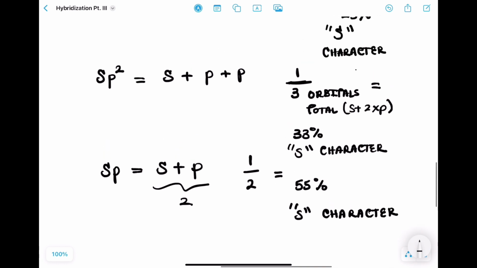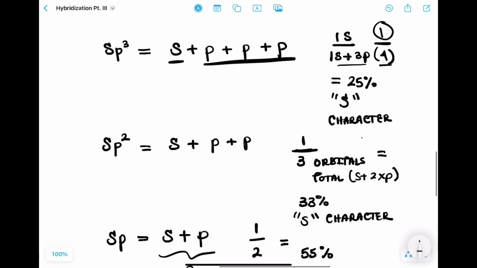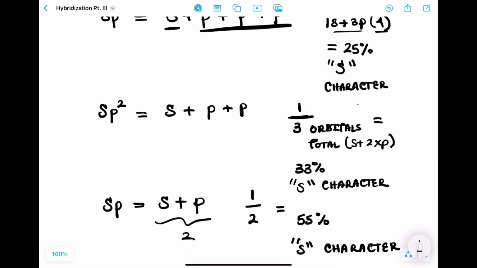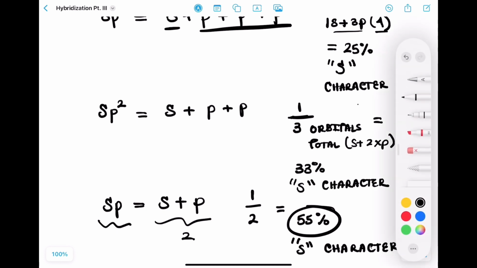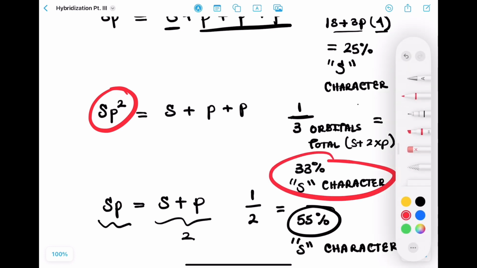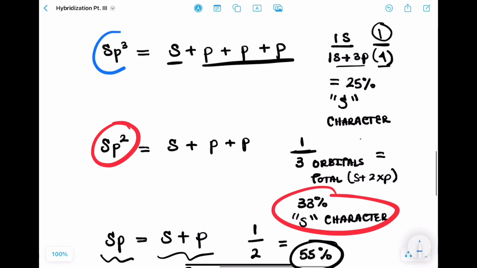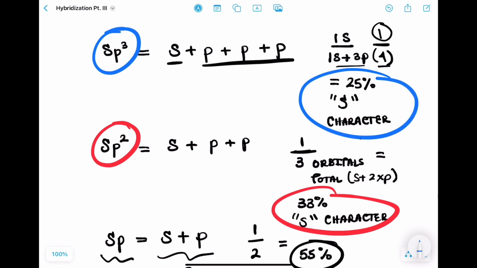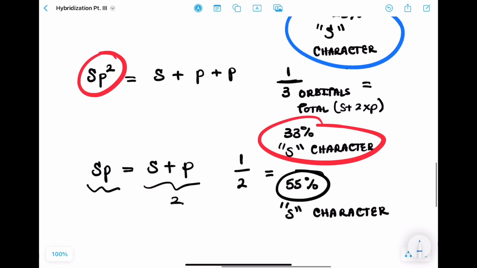Now, this isn't exactly high yield. You'll probably see maybe one question on this, but it's not a concept that we emphasize too heavily. It's just important that you understand that an sp hybridized orbital has a 50% s character, an sp2 hybridized orbital has a 33% s character, and an sp3 hybridized orbital has a 25% s character.